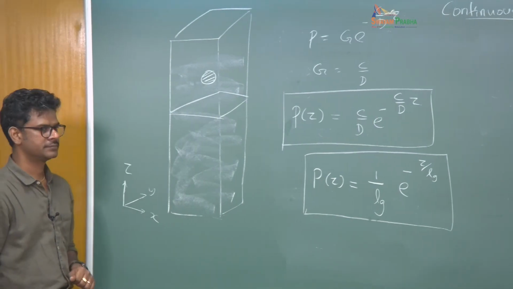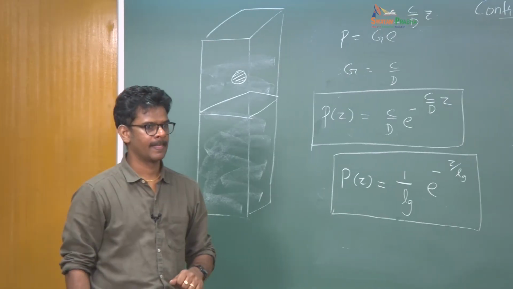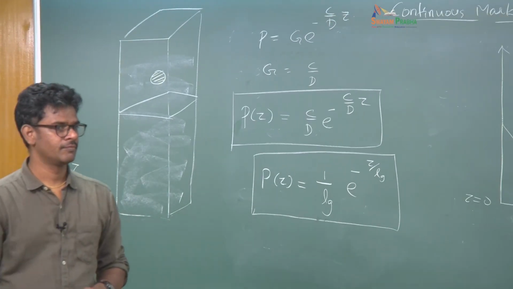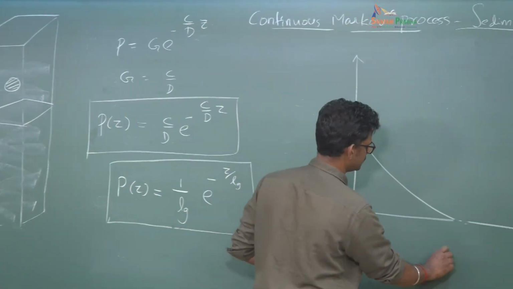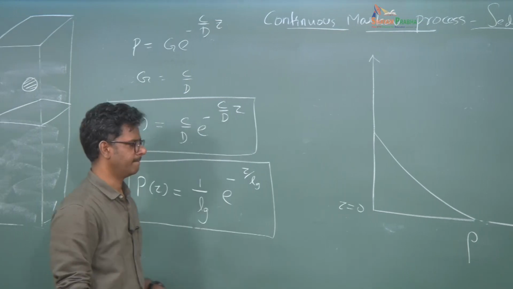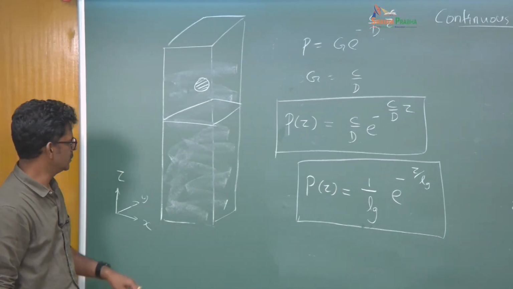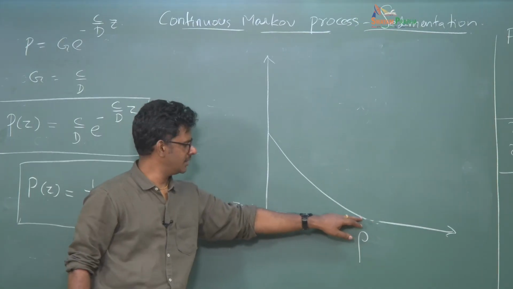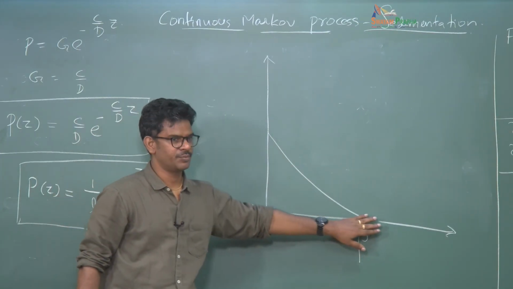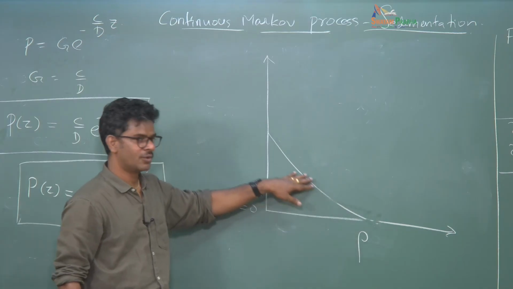So this is basically concentration. This is rho. When Z equals 0, it has a maximum value, and then it decays. Most of the particles are settled here, and then it goes like this.